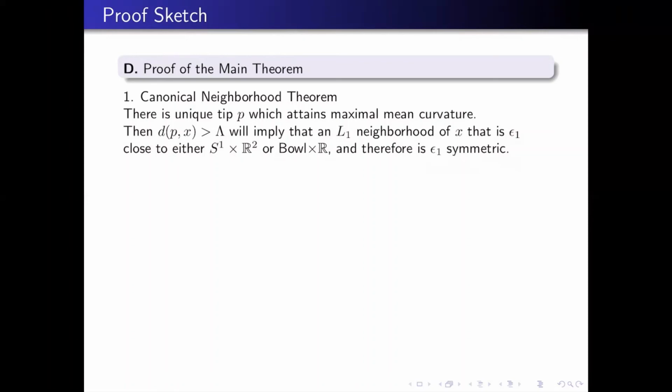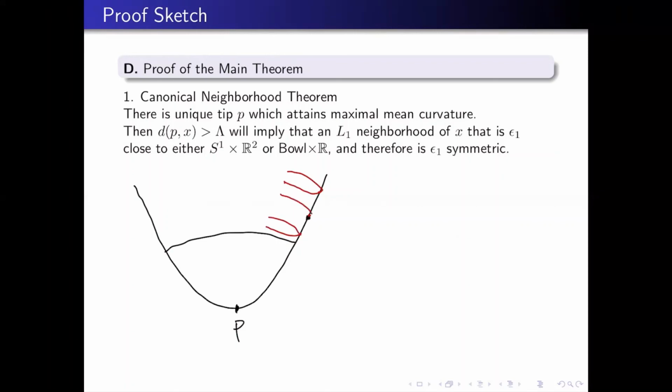So here is the picture. We have the unique tip here, and then away from a compact set, each point, for example, centered at here, there should be an open neighborhood that looks like either one of the models.